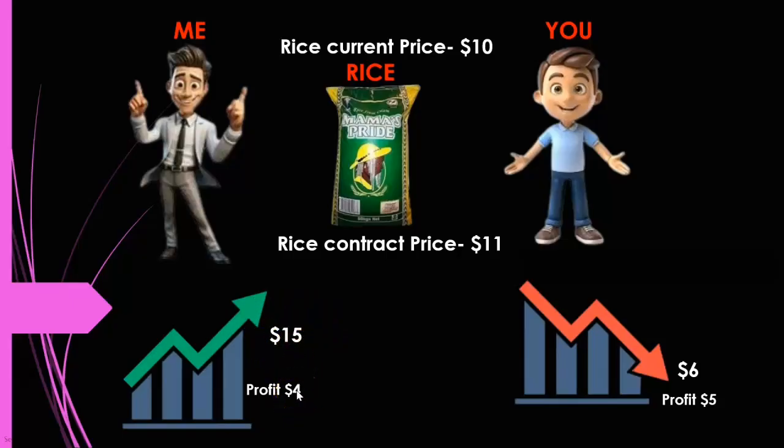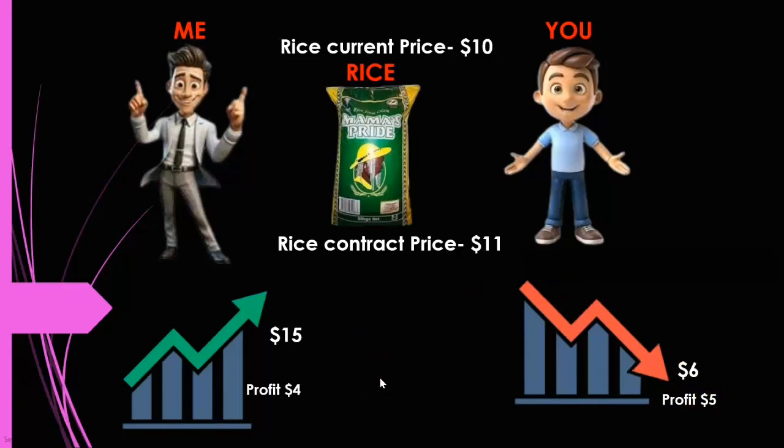Now let's assume that scenario 2 happened, whereby the price of rice went down to $6. Remember that the contract price is $11. I'll lose $5 while you make $5 as your gain. So in the first scenario I make $4 while you lose $4, and in this scenario you make $5 while I lose $5.